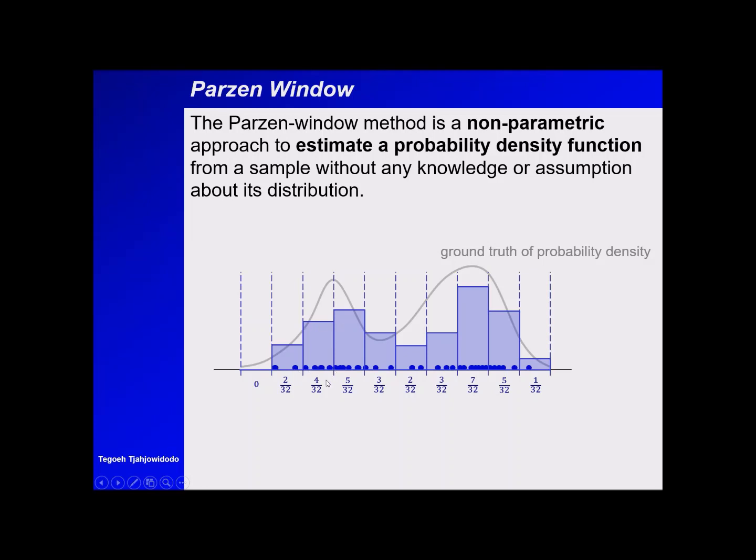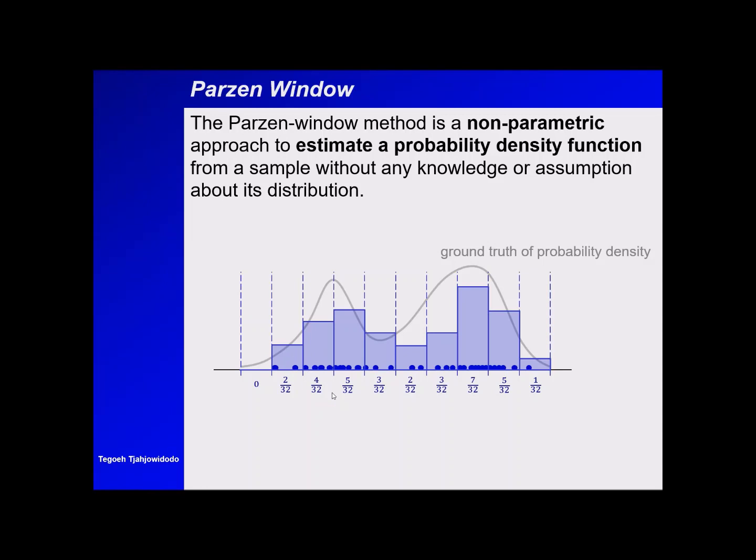This area is 4 over 32. So this area is double this one. This area corresponds to 5 over 32, 3 over 32, 2 over 32. So if you look, this area is equal to this area, and so on and so forth. So the area of my individual block here, of my histogram, should represent the probability of that corresponding region.